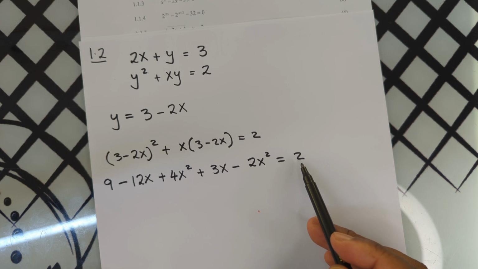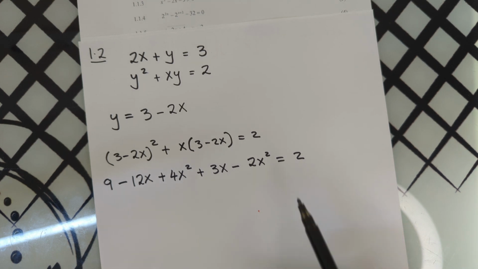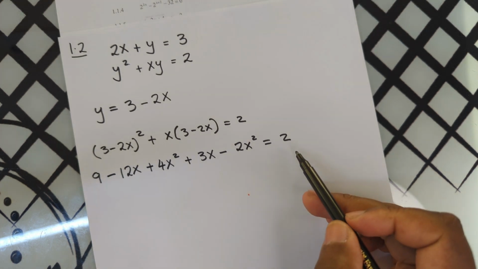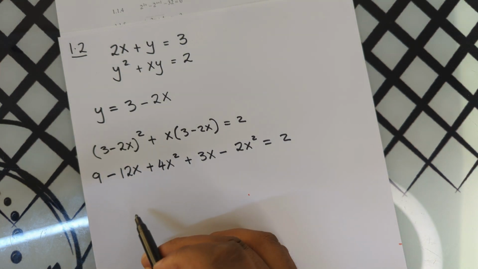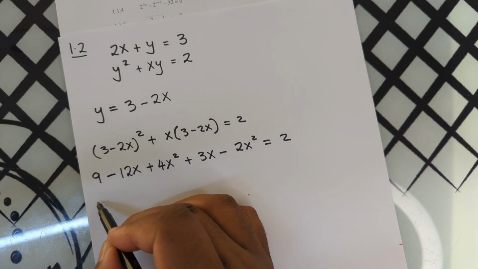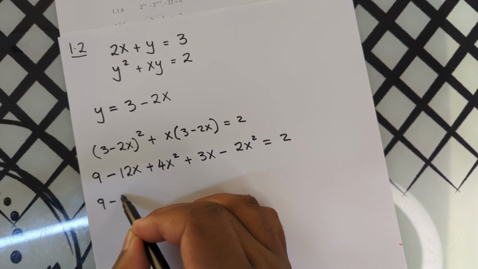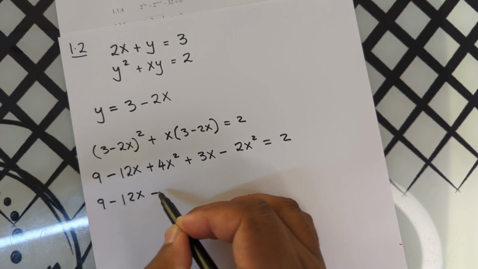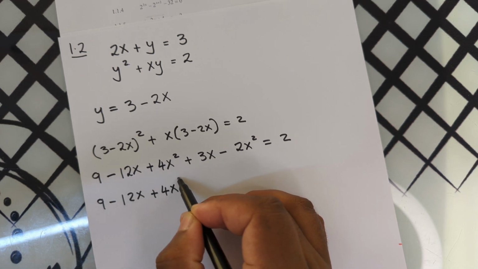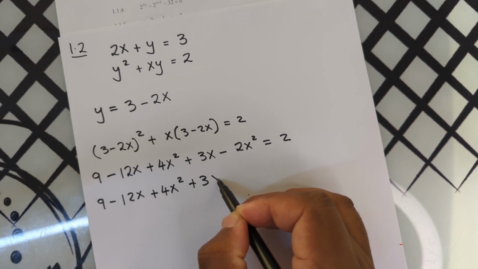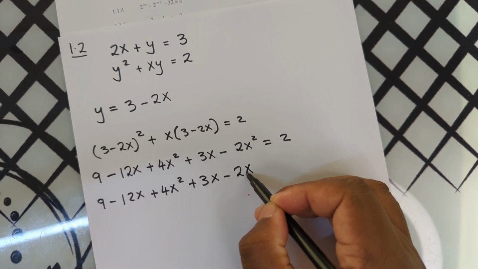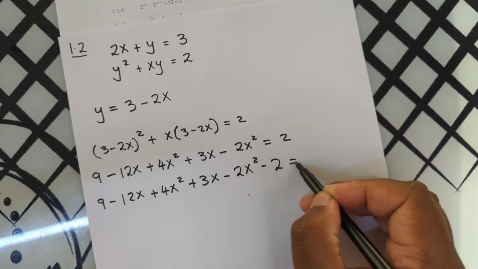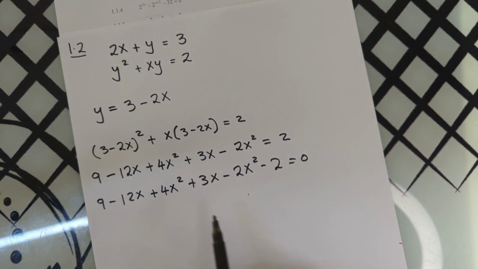Let's transfer the 2 which is on the right side to the left side and remain with 0 on the right side. So we are going to have 9 minus 12x plus 4x to the power 2 plus 3x minus 2x to the power 2 minus 2 being equal to 0. Now let's combine the like terms and rearrange our equation.